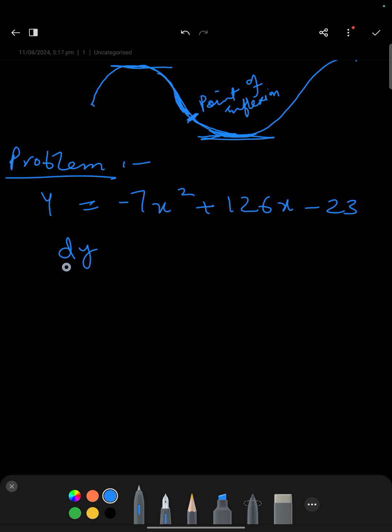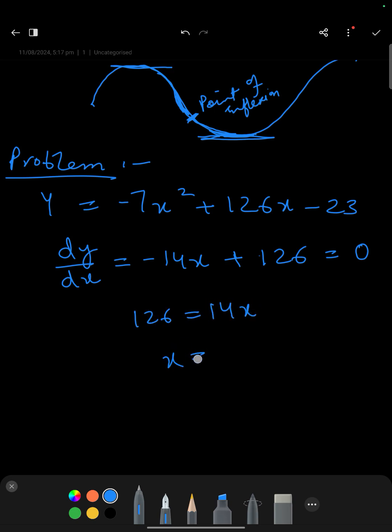So dy/dx will be 7 into 2, minus 14x plus 126 is equal to 0, or 126 equals 14x, x is equal to 126 by 14, it will be 9.